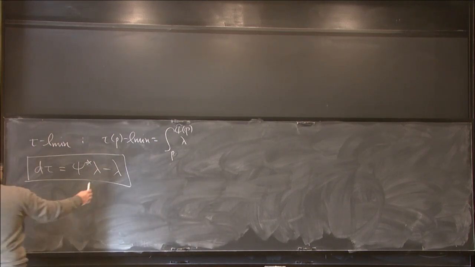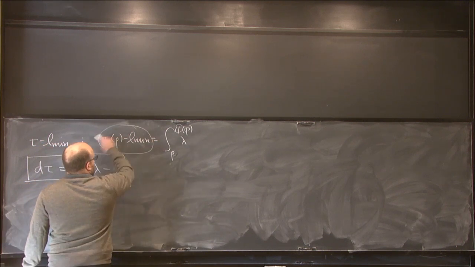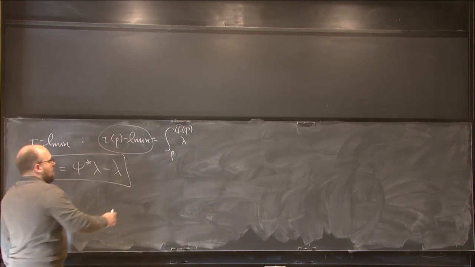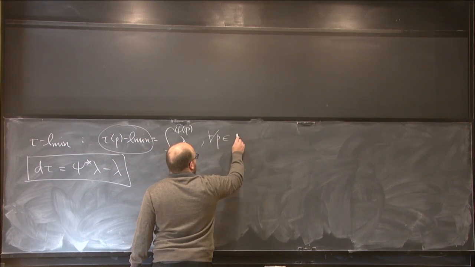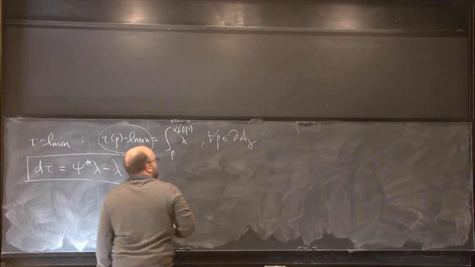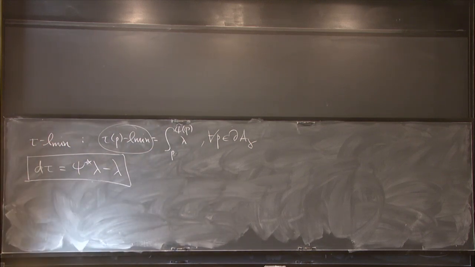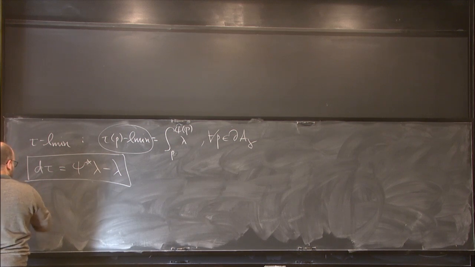So in the end, this function also satisfies the differential equation, and it assumes the right boundary values at the boundary of the annulus. So the solution to our boundary value problem exists, and is equal to this.